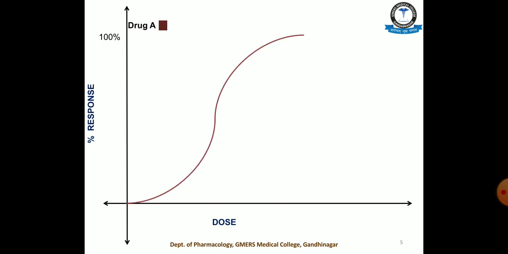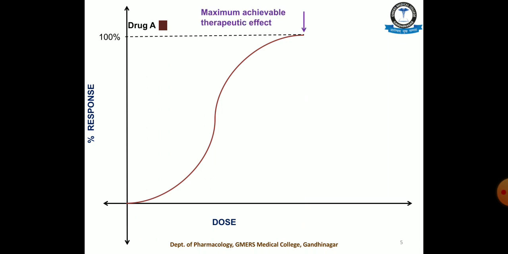Now this is drug A. Again, I am just revising in one or two slides, that on the x-axis there is the dose, on the y-axis there is the percentage of the response, and on the top you can see the 100% response. And this is the log dose response curve of drug A. Now here you can see in the dotted line, this is the maximum achievable therapeutic effect.